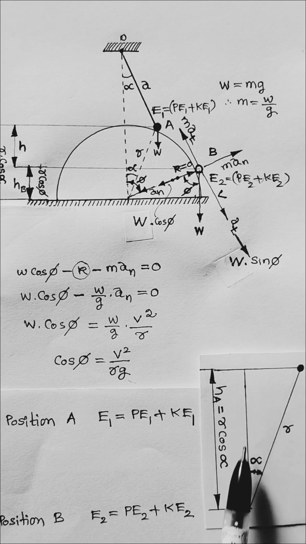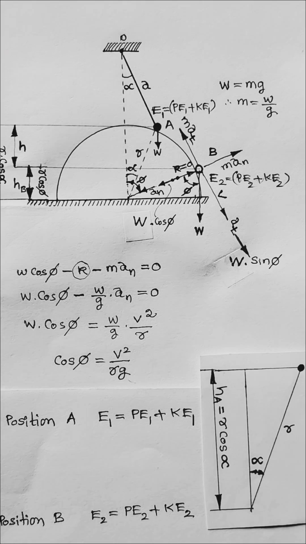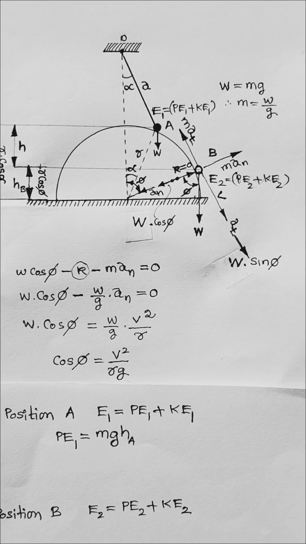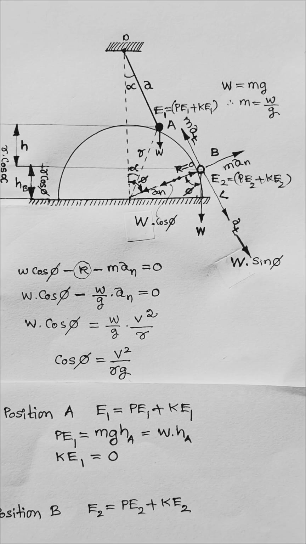We can estimate by following cos alpha. Cos alpha into this radius R giving us HA. PE1 equal to mgHA. mg indicates the weight of the particle. At position 1, the kinetic energy KE1 is 0. Therefore, total energy at A position E1 equal to W into HA.